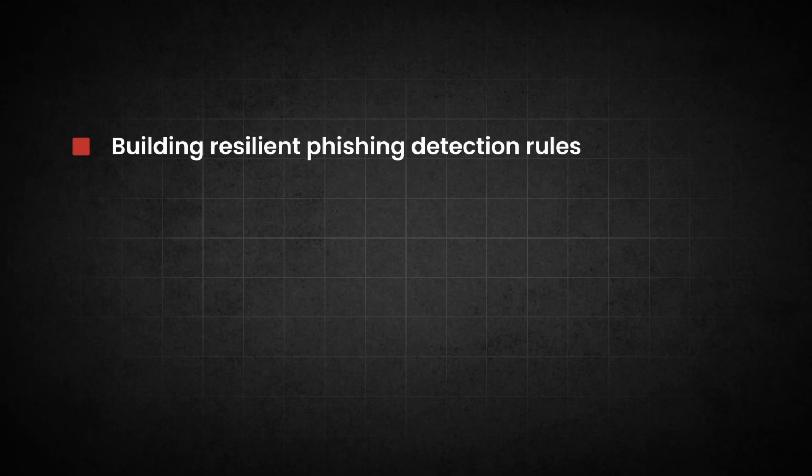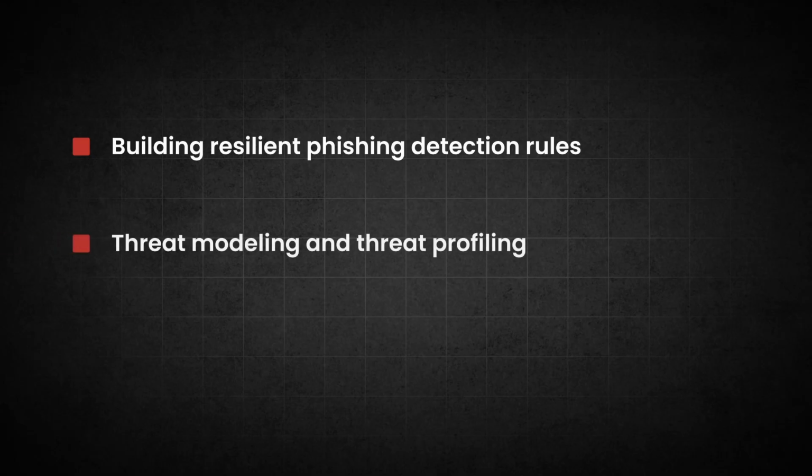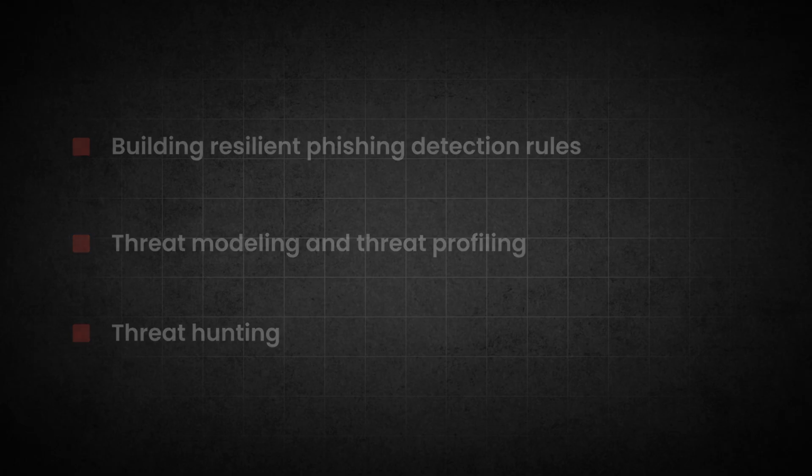This course of action could be building more resilient phishing rules in your security email gateway, threat modeling and threat profiling threat actors that are out there and how they are using phishing emails to bypass your defenses, or threat hunting, where you start with an initial hypothesis based on the phishing emails that your company is receiving.